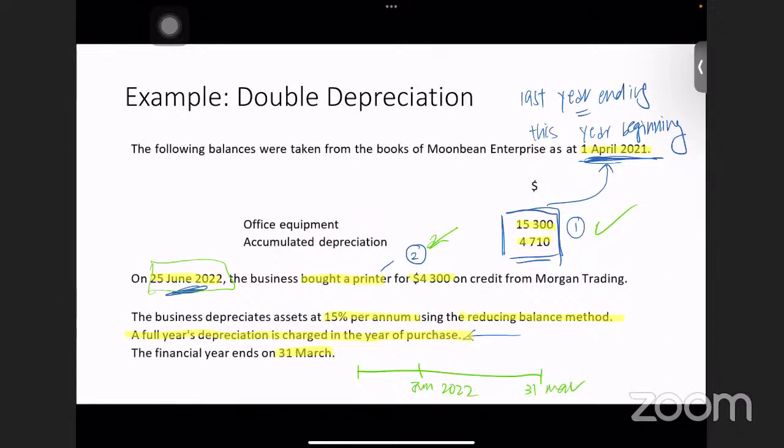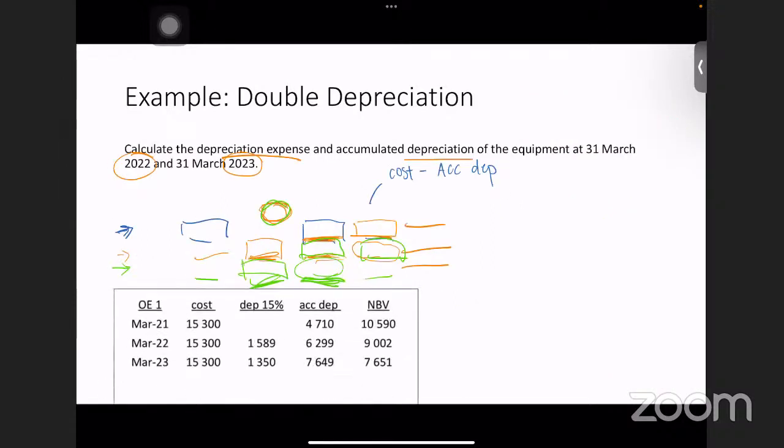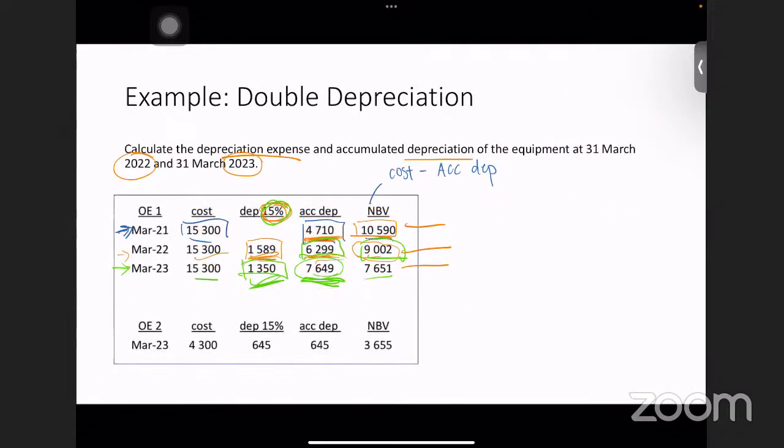So March has already been crossed, right? So the next March I have will be 2023. So my first year end will be March 2023. Identifying the first year end, normally students have trouble doing it. But again, as you practice more, you will get the hang of the question. So it's all about practice.